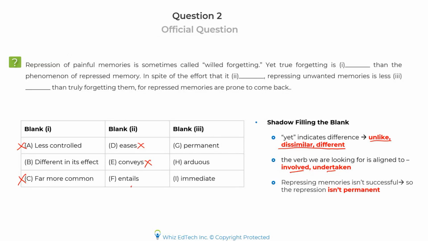Entails would mean involves, closest here. And of course, permanent leaps out at you. Arduous simply means requiring a lot of effort. Arduous means difficult to accomplish, okay, tough to do. And of course, we are not looking at the fact that it is tough. The idea is it doesn't come back. So therefore, the correct answer is B, F, and G.